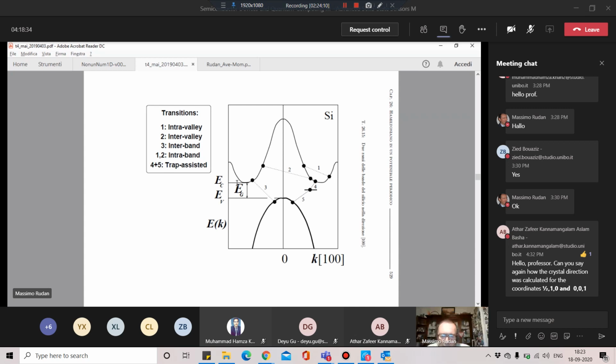The name is EC. This is in one direction, but then there is also direction K2 and direction K3. And the upper branch has two more minima in the direction K2 and two more minima in the direction K3. So the total of minima of this branch is 6.